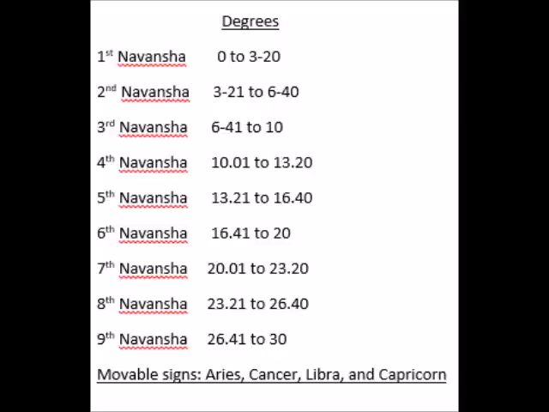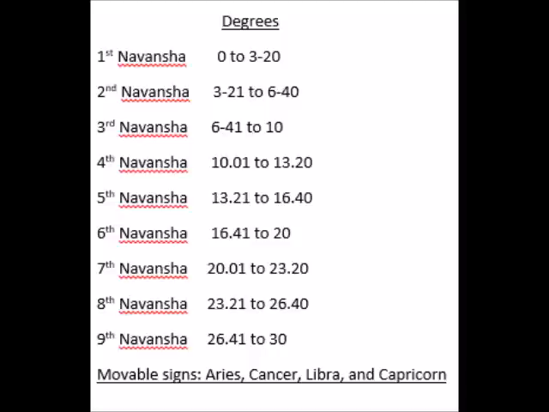So what we do is go to the fifth house from Aquarius, which is Gemini. Once again, Gemini is also not a movable sign. Then we move to the ninth house from Aquarius, which is the zodiac sign of Libra, and we know that Libra is a movable sign. So it's very simple.